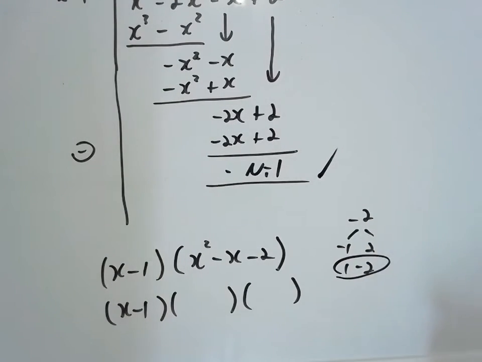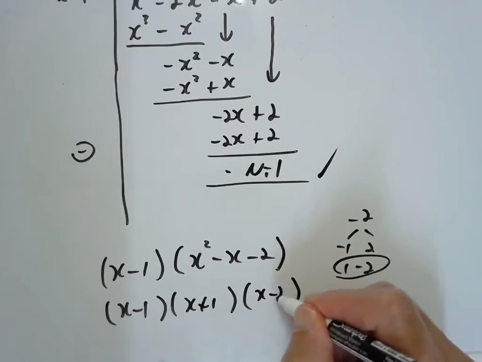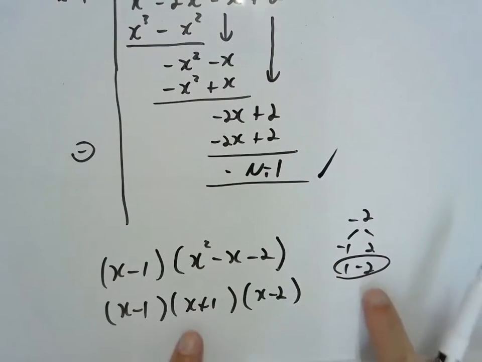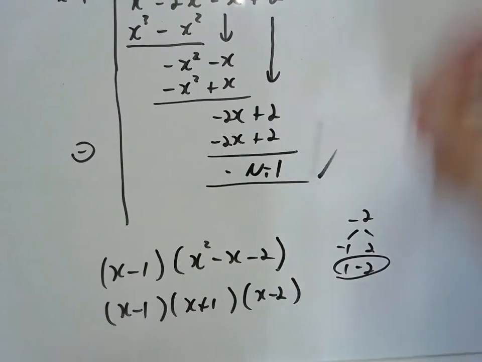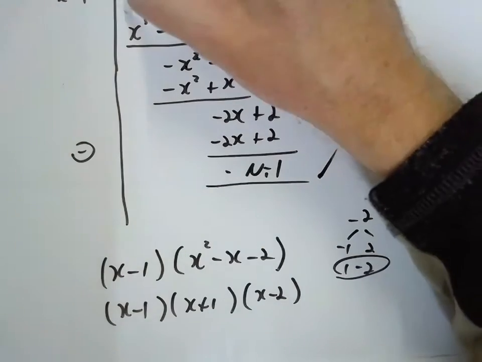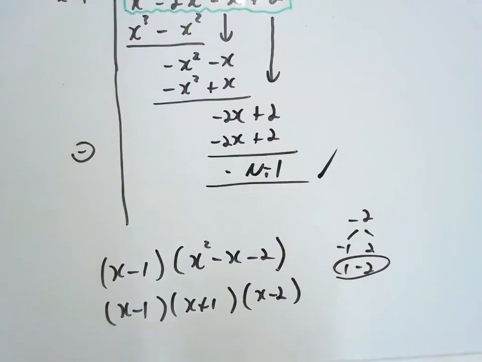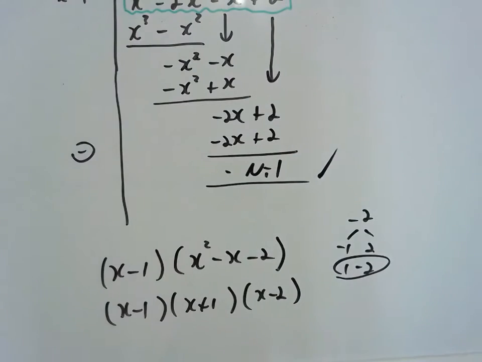So that's going to be those two. So it's x plus 1 and x minus 2. So once we get to our quadratic, we just take a shortcut, and that x minus 1, x plus 1, and x minus 2 is factor form of that cubic. And factor form is key lots of times.